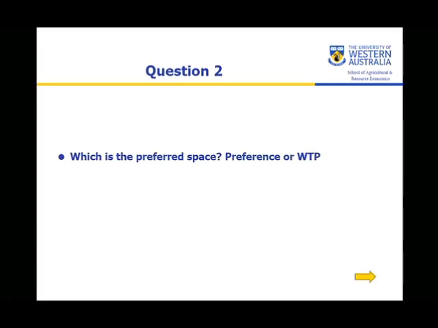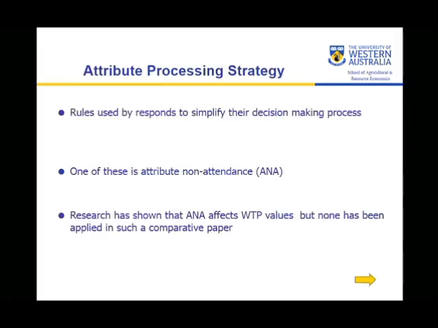If you decide to choose one over the other, there should be a trade-off. But what research has shown is that some respondents decide to use some simple procedures to make their selections. So instead of making trade-offs, they just look through and make their selections.